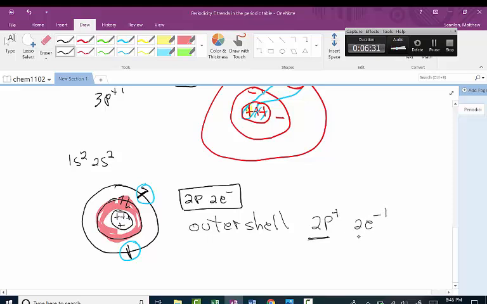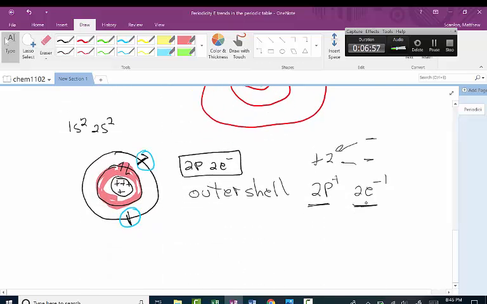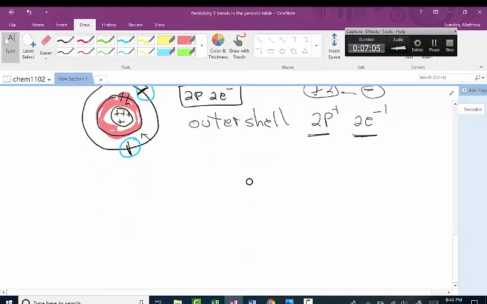So as you know, opposites attract, and so I have essentially a +2 attracting each electron. And that is a strong attraction, and so since it's stronger than before, when I had 1 electron being attracted to 1 proton, here each electron is attracted to 2 protons, and so it shrinks that shell. And you can see what's going to happen.